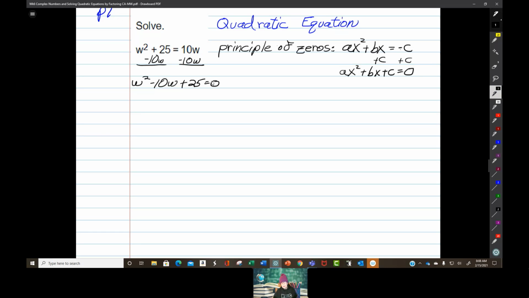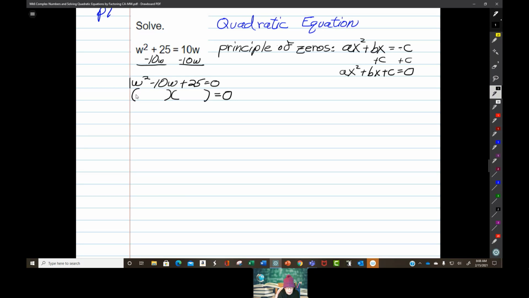Now I need to factor. There's a 1 in front of w squared, which means the leading coefficient is 1, which means I can take the easier path to factoring. But don't forget your equals 0, it's very important.